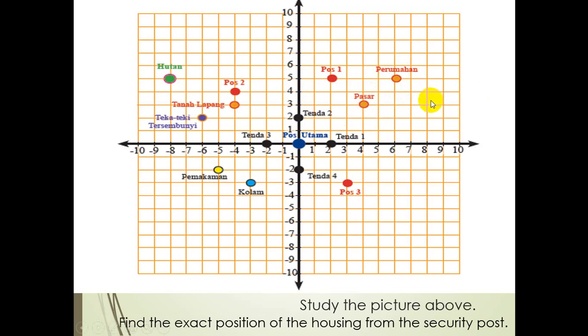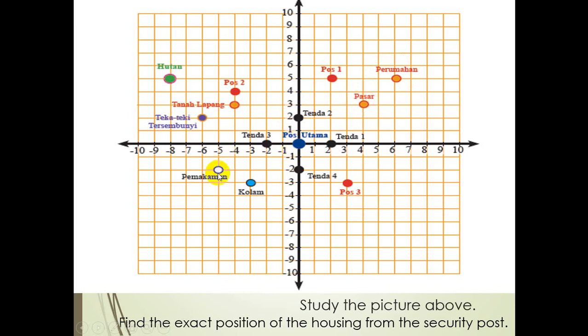Okay, do you understand? Now let's see the next question. How about this one? Find the exact position of the housing from the security post. Whoa, sorry, I think this is the wrong question. What if I change the question to find the exact position of the cemetery from the market? From the market.